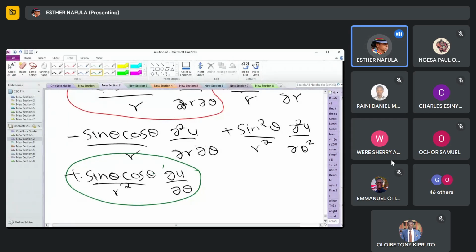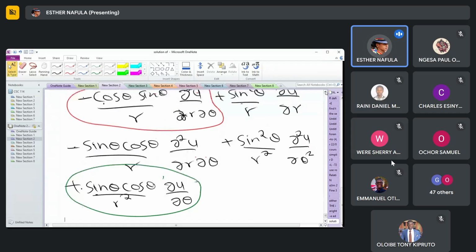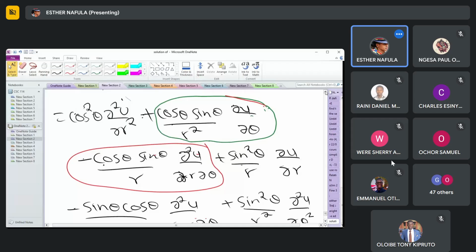Any other like terms? They are the only ones, right? Yes.